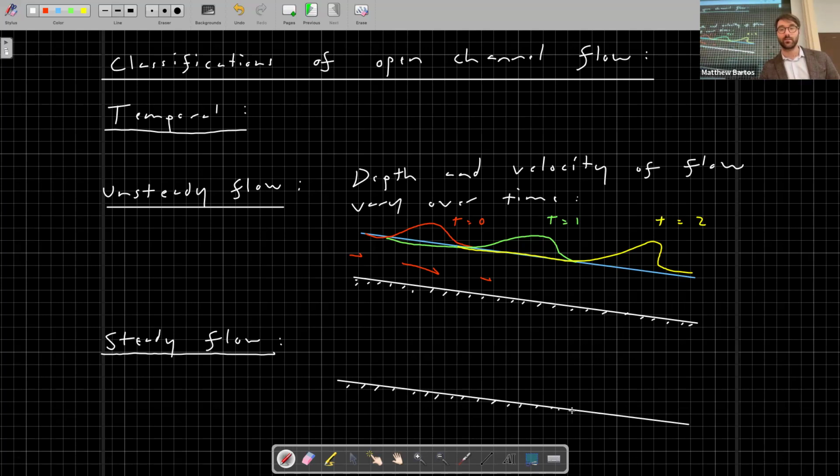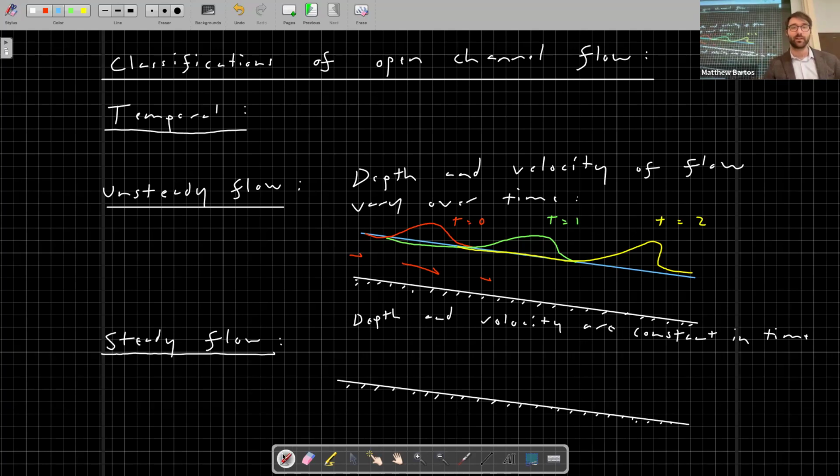So for the case of steady flow, we have that the depth and velocity are constant in time. I'll write in time, because they're not necessarily constant in space.